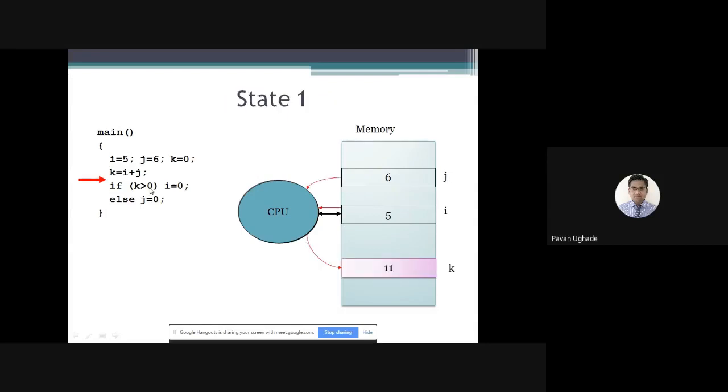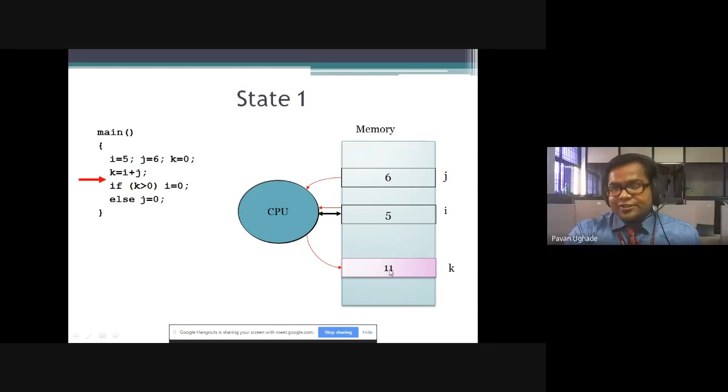Now once it reads the second line, k equals i plus j, it gets the value of i. What is the value of i? 5. What is the value of j? 6. So it does the computation, and where does it have to store it? In k. Where is the k value? Here it is. So 6 plus 5 is stored as 11. Earlier it was 0, now it is updated as 11.